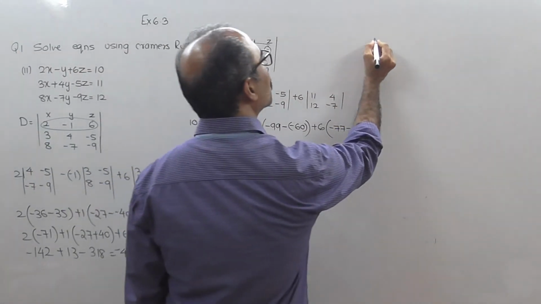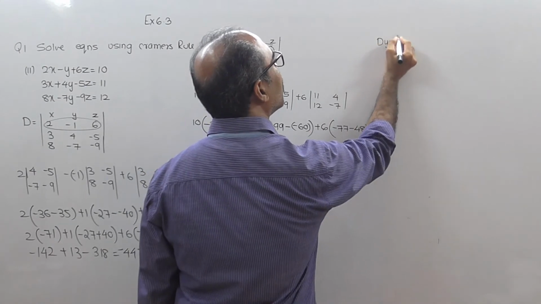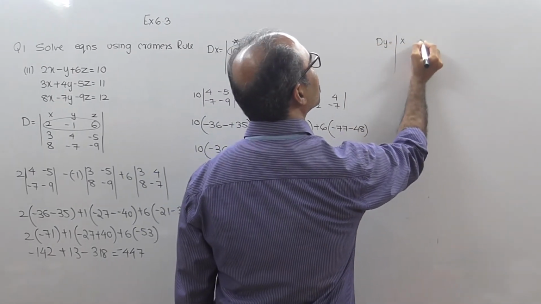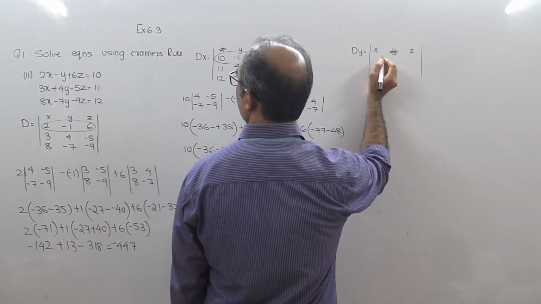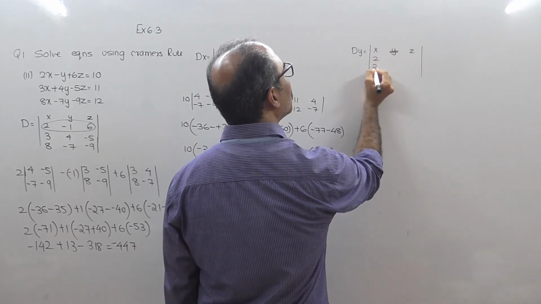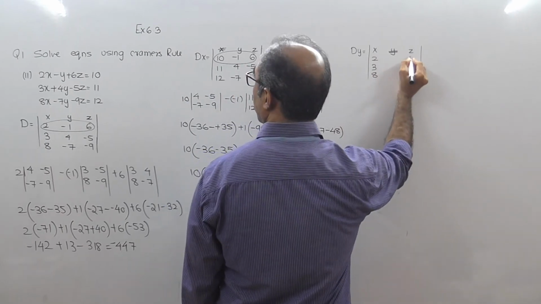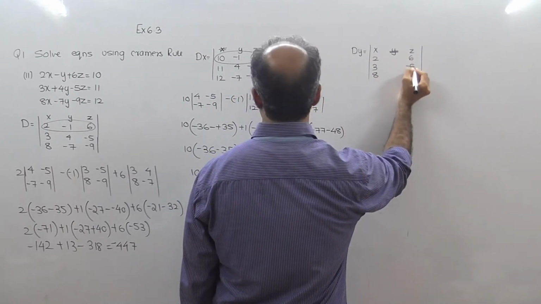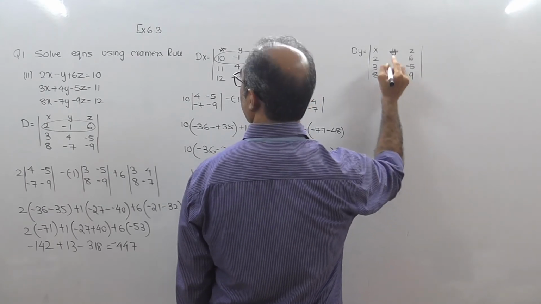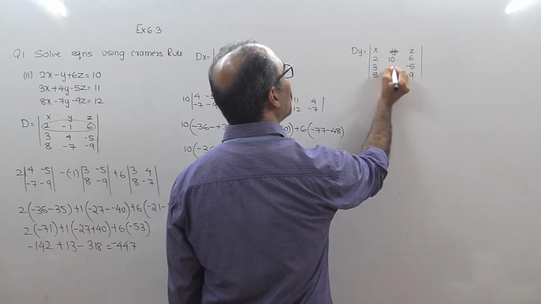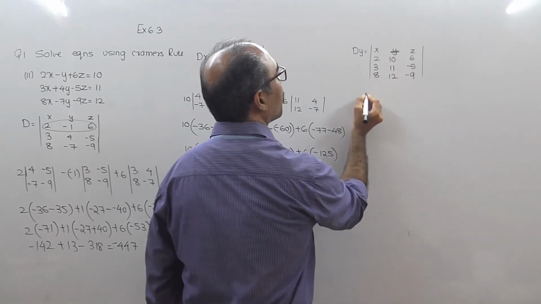Okay, let's go for dy, determinant x, y, z. We will not write the coefficient of y. X is 2, 3, 8, z is 6, minus 5, minus 9. Y we will not write, but in its place I will write d1, d2, d3, 10, 11 and 12.